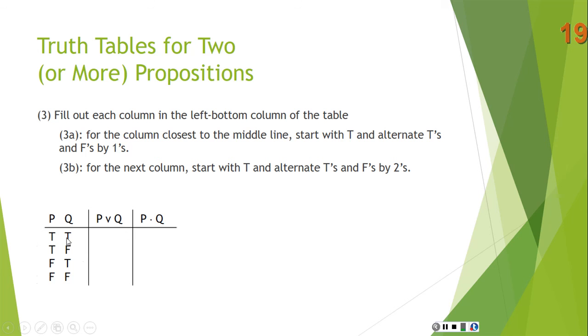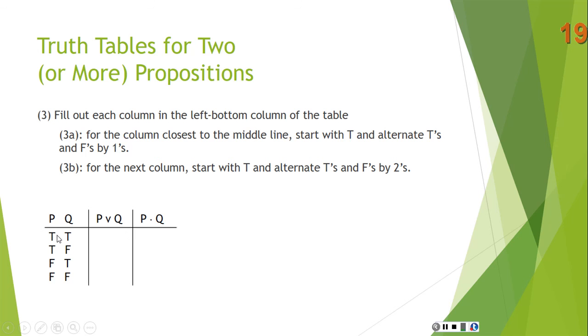T, F, T, F. Remember, there are 2 component statements. We did 2 to the second power because there are 2 component statements. That's 4. That's how many lines we need in order to get all the possible combinations of truth value assignments to the statement letters. So there are 4 combinations, TT, TF, FT, FF. And we alternated by 1s here, starting with T, T, F, T, F.